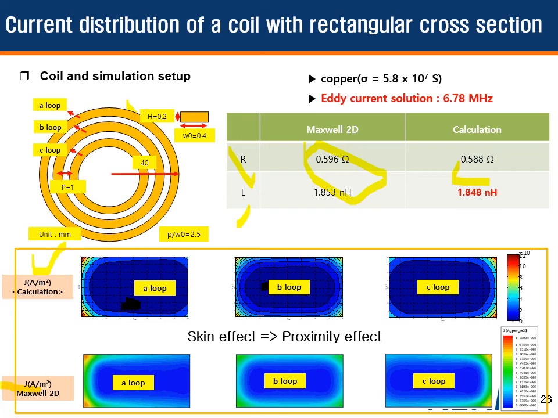Since the conductor is symmetric, the current distribution in the B loop is symmetric, and more current will flow along the 4 edges. However, see loops A and C. Current flows near the left upper edge and lower edge at loop A. At loop C, the result is different.